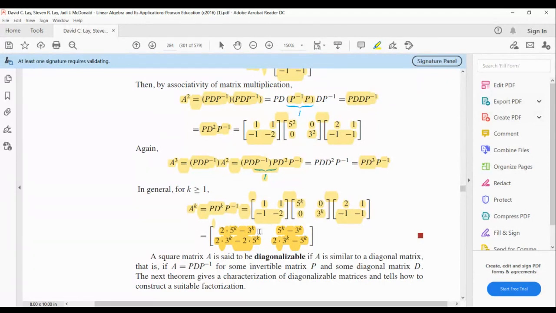We have formulas for the entries of A to the kth power. And would that save on computation time for a computer?